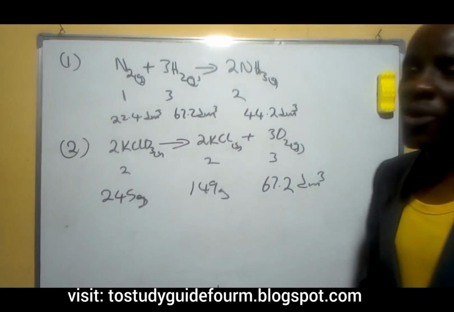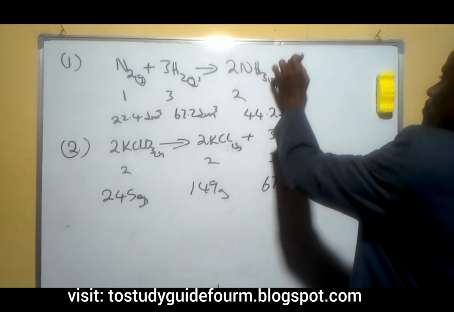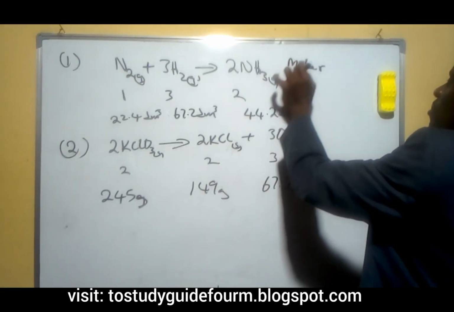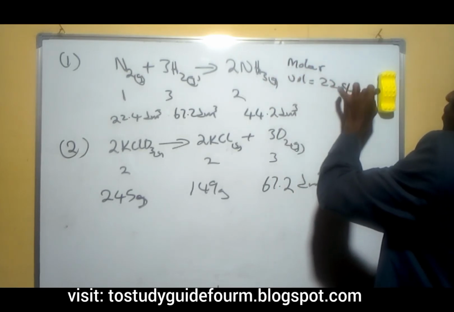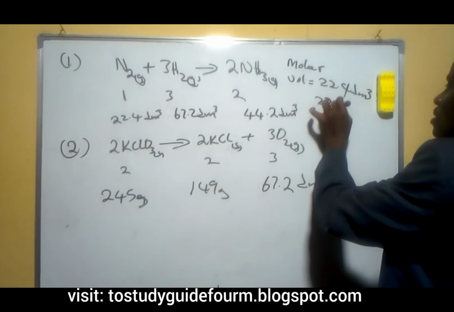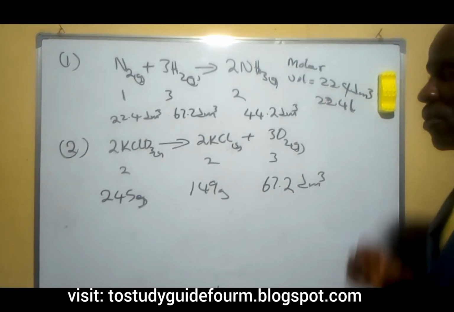Because they are all gases, we then consider the molar volume, which is always 22.4 dm cube, or in some cases we say 22.4 liters.